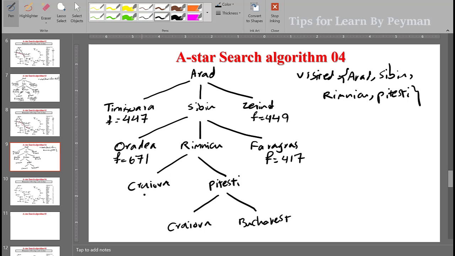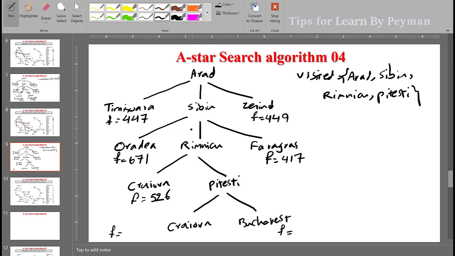For Craiova, from the Rimniju, the value is 526 here. So I should calculate the F value for Craiova here, and for Bucharest it is here.